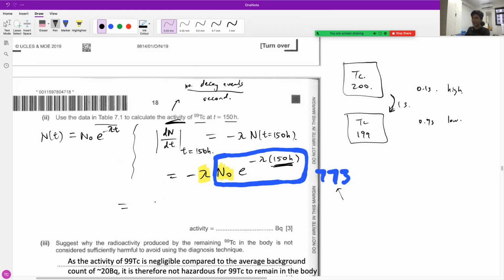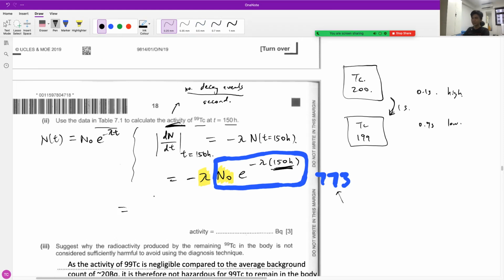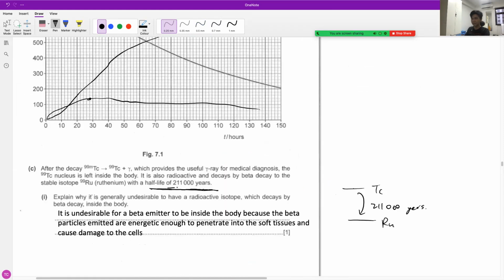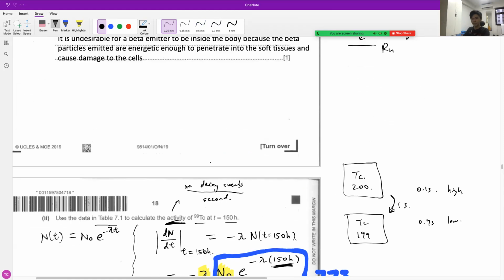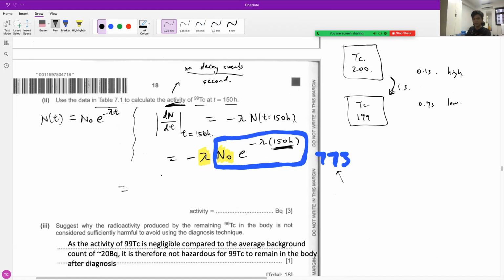So then what is lambda? Lambda can be calculated using the half-life: lambda equals ln 2 over 211,000 years times 365.25 days per year times 24 hours per day times 3600 seconds per hour.